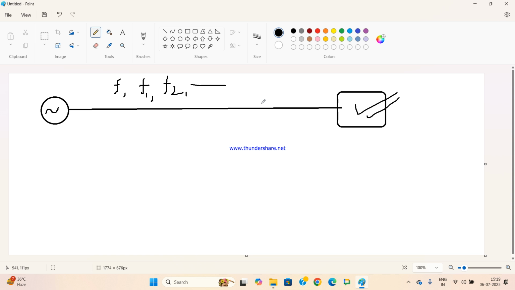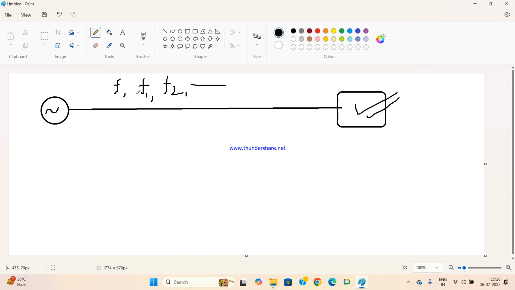Then H2 is equal to root over A2 square plus B2 square, that is the second harmonic, and H3 is equal to root over A3 square plus B3 square. So that will be the third harmonics, and so on. Using this simple Fourier series expansion, you can find out the existence of various harmonics in the system, as well as its magnitude.